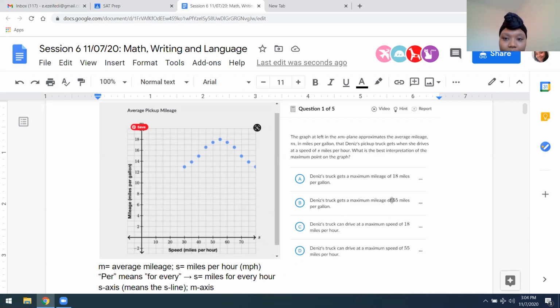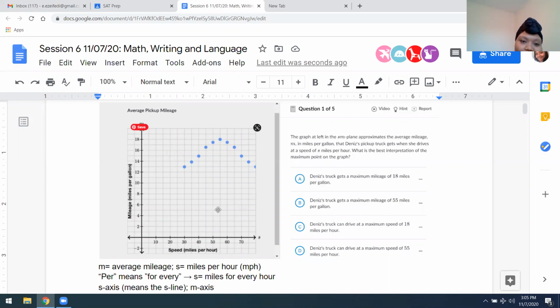The only axis or line that has 55 or any numbers that we can see within this graph is the speed, or miles per hour. Choice B is speaking of mileage, but mileage is along the M axis, and that's vertical. So that's why there's a bit of a confusion there.